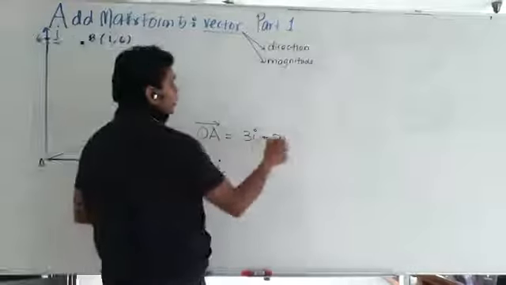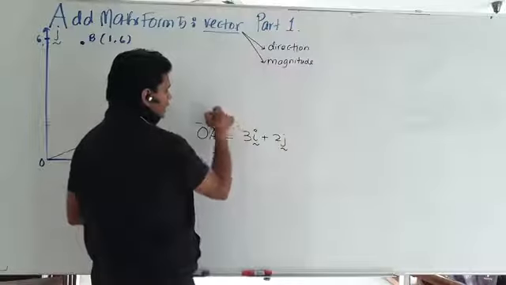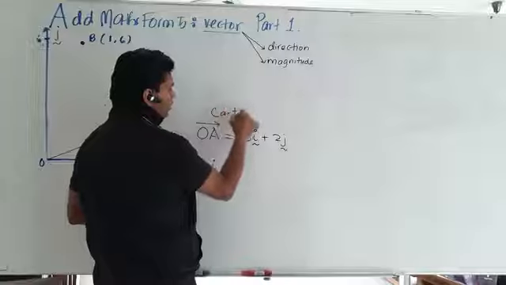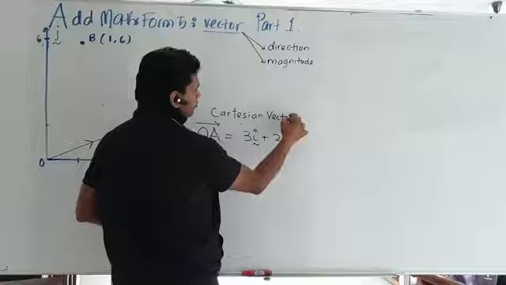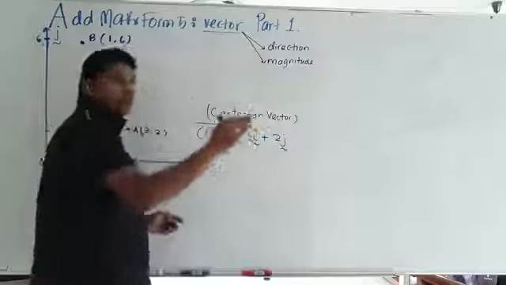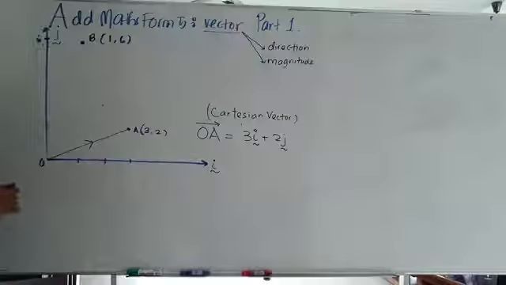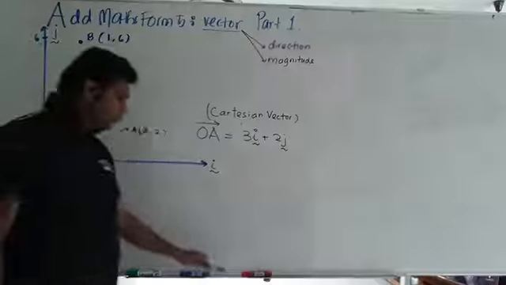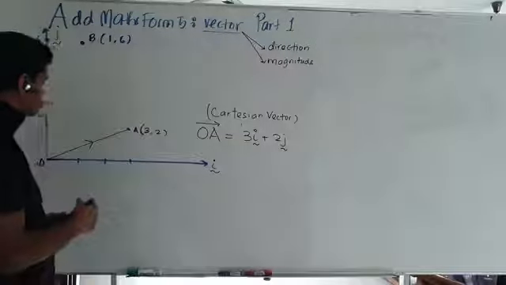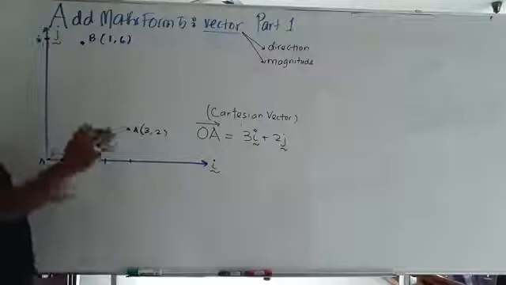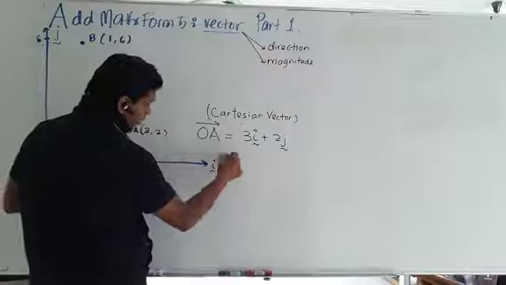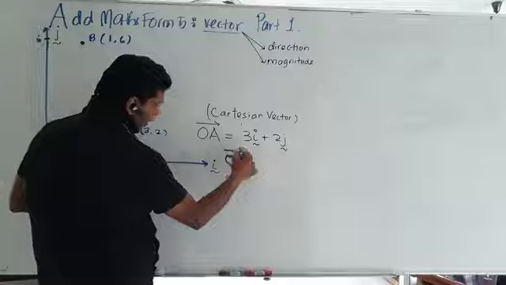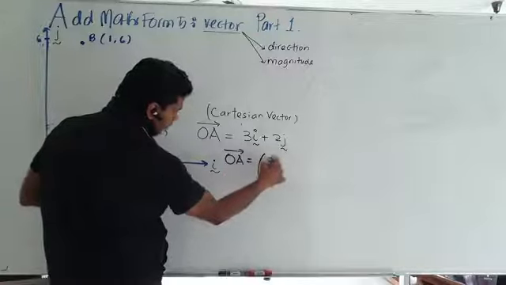So this is how we write a vector. And this particular way of writing i and j is what we call a Cartesian vector. Cartesian simply means using i and j coordinates. Another way of writing a vector is to use something like how we do in translation. So you can also write OA as (3, 2).